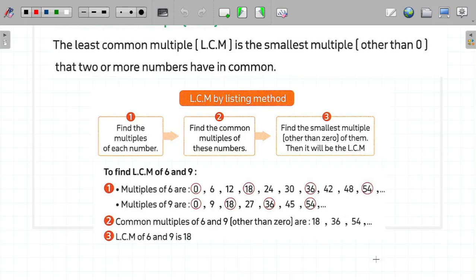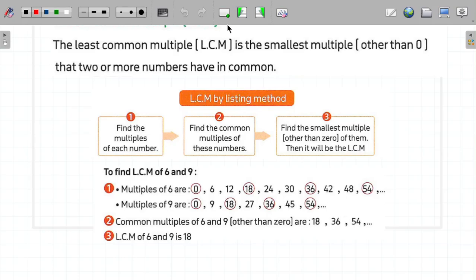Okay, so if I have two numbers like 6 and 9, I will find the multiples of each number, and next I will find the common multiples of these numbers, and I will find the smallest multiple other than 0 of them. Then it will be the least common multiple.